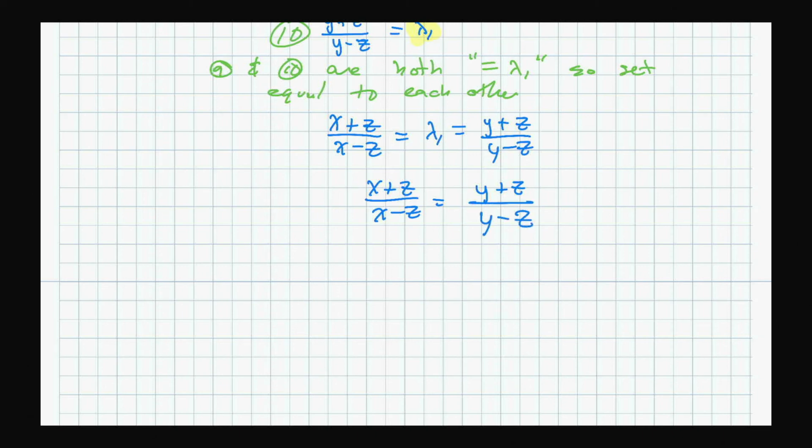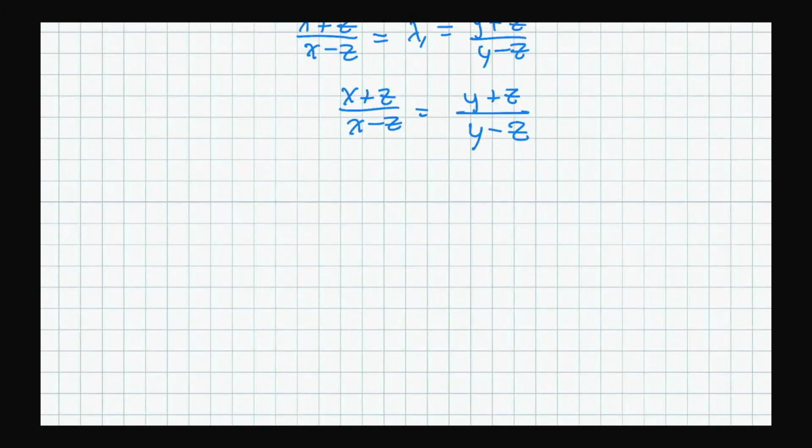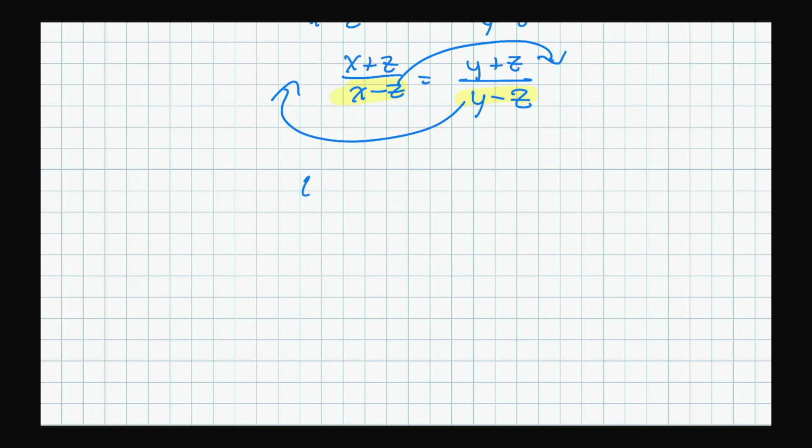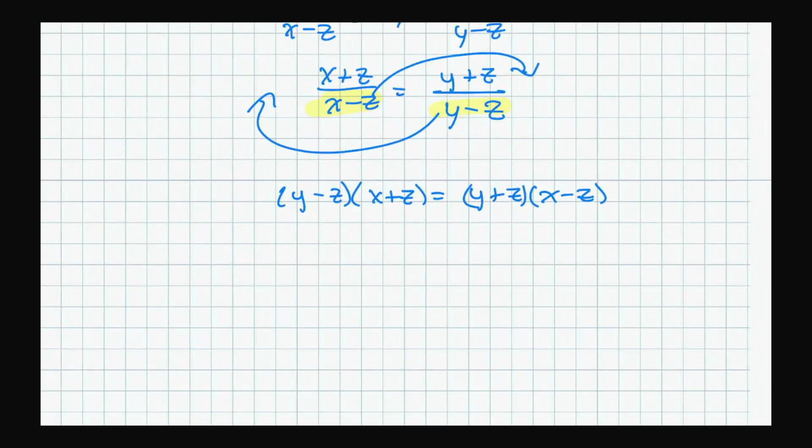Great. But what you can do here is get rid of the fractions by taking this, moving it up, and taking this and moving it up, and you'll get y minus z times x plus z equals y plus z times x minus z. Or if you multiply that out, which I guess we have to, you have to FOIL it.